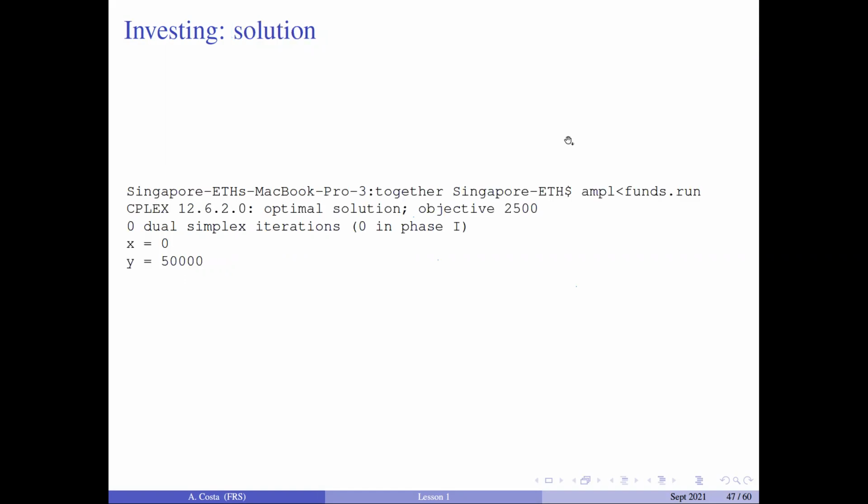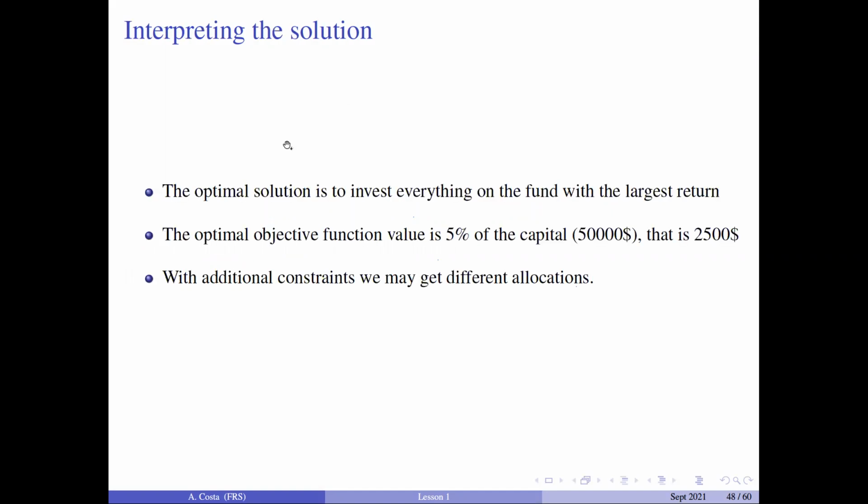So what happens when we solve the problem? Well, you find the solution. The objective is 2,500, and the allocation is to put 50K on fund Y. Does it make sense? Let's see. Well, of course, because we want to maximize the total return, the objective is to put everything in the fund that is giving you the largest return.